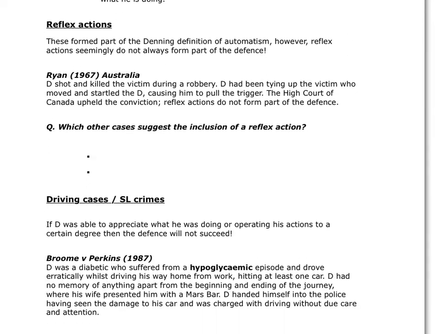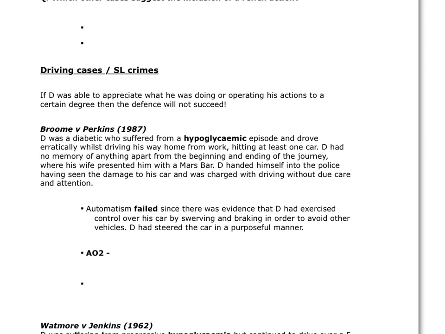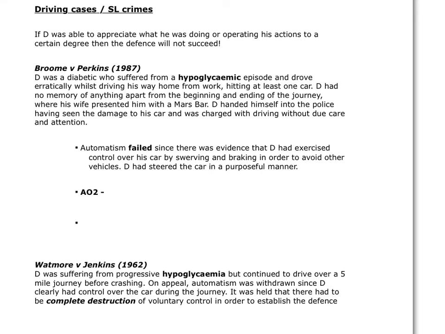Okay, so going back to the degree of control, we have the SL and driving cases that have come to the courts. So just right at the side there: driving cases, SL crimes, no control. That's the test. If it's a driving case or a strict liability offence, no control at all for automatism to succeed.